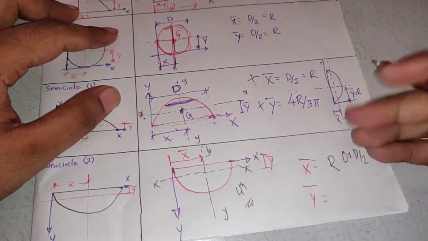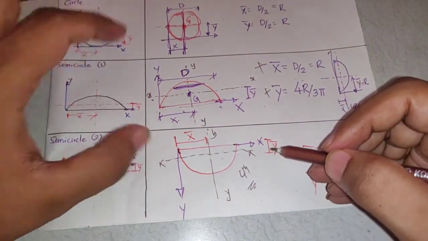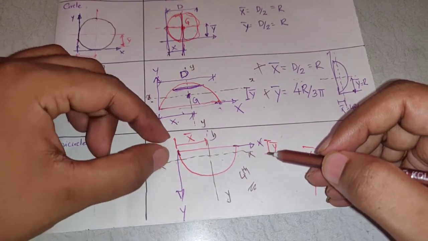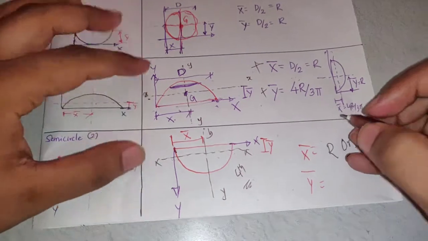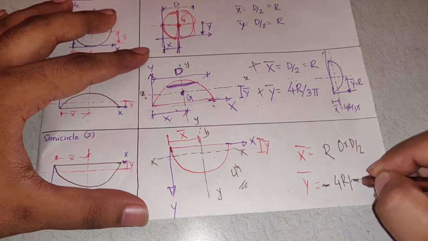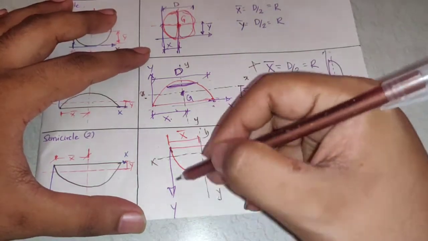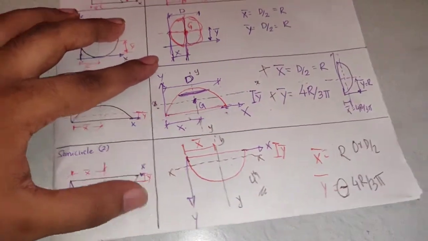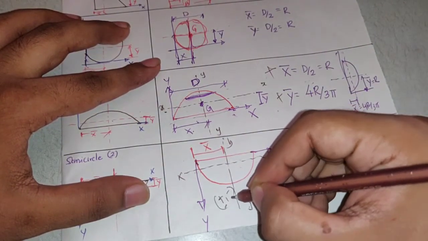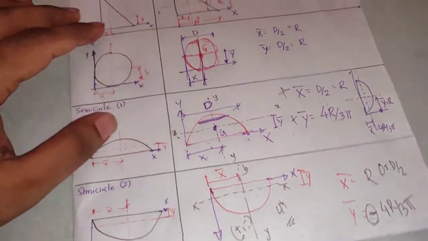What about y bar? It is unsymmetrical about the x axis. So if this complete length is r, then this value is minus 4r by 3 pi. Why minus? Because it is falling in the fourth quadrant. What is the fourth quadrant? It is plus, minus. So x is plus, y is minus, and because of that, this is minus 4r by 3 pi.